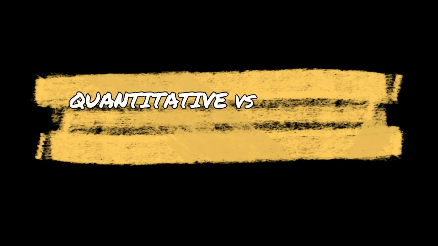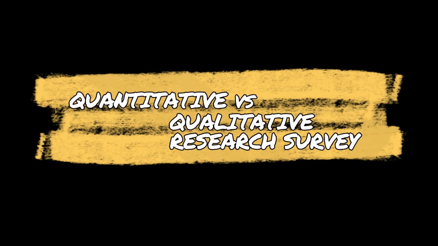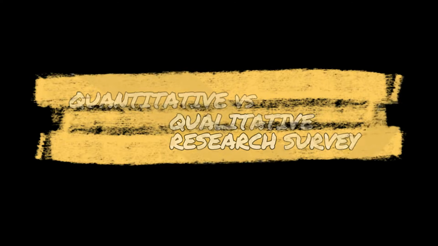The next thing that we need to know is the difference between quantitative and qualitative research survey questionnaires. As we all know, it pays to be knowledgeable about how they differ so you won't commit mistakes in writing either one of them.